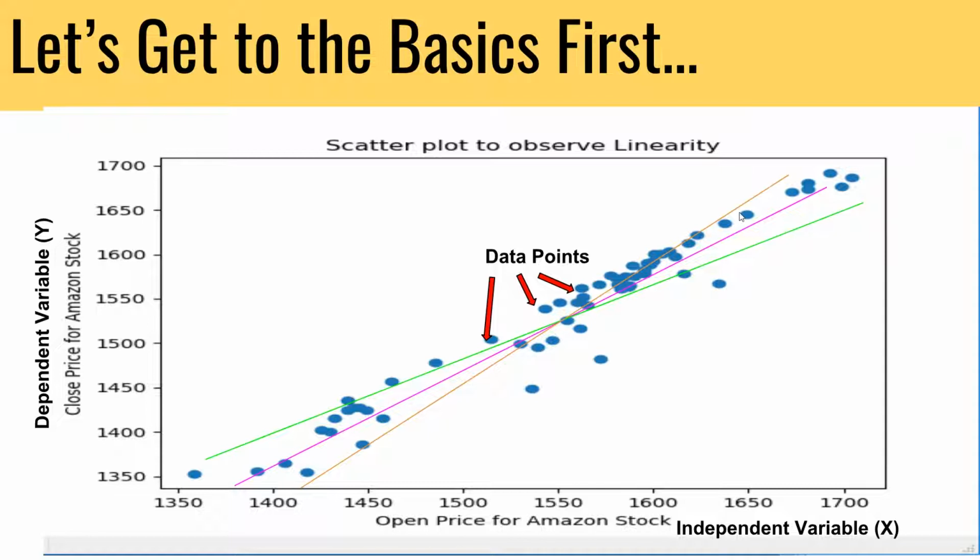Before getting started with the OLS algorithm, let me explain what we mean by independent variable and dependent variable. We've plotted the x-axis with our independent variable, which is the open price, and we've plotted the y-axis with the dependent variable y. Now the basic difference between independent and dependent variables is that the independent variable is not constrained by anything.